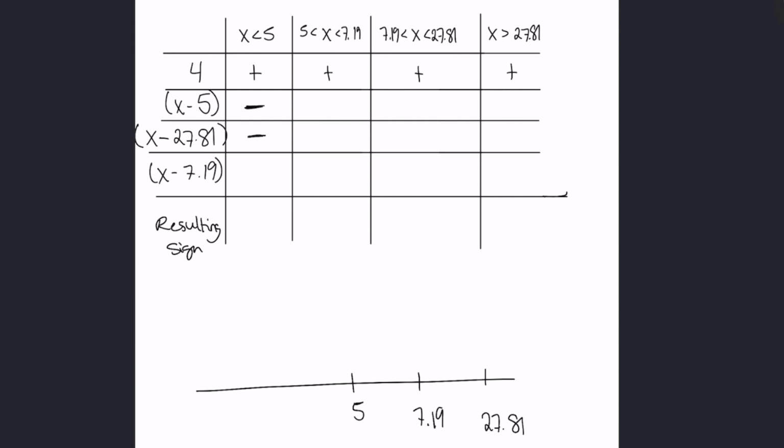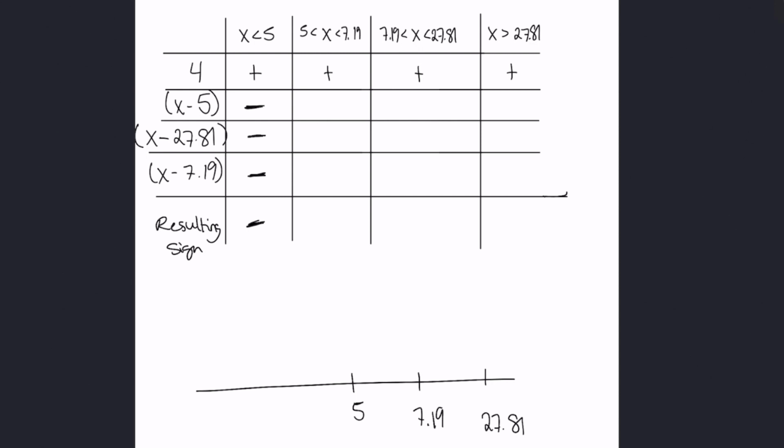And 0 minus 7.19 will also be negative. So now our resulting sign is positive times negative gives us a negative value, times negative gives us a positive value, and times another negative will give us a negative value. So our resulting sign is going to be negative.